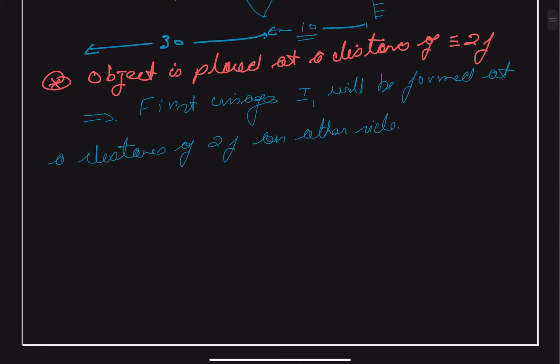So we can say that on the other side, this image I1 will behave as a virtual image for the mirror.